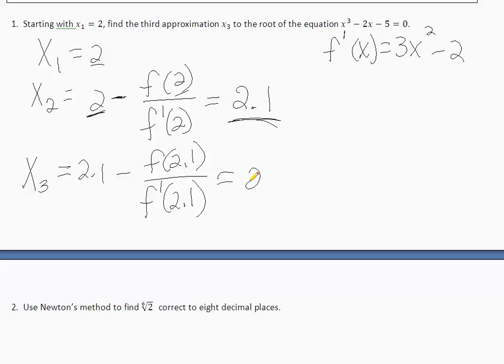And I get 2.0946. Now you could keep doing this, and all you're doing is finding the 0 that's near 2. There it is. The 0 of this function is about 2.0946. I could get it even closer by doing x4, x5, x6.